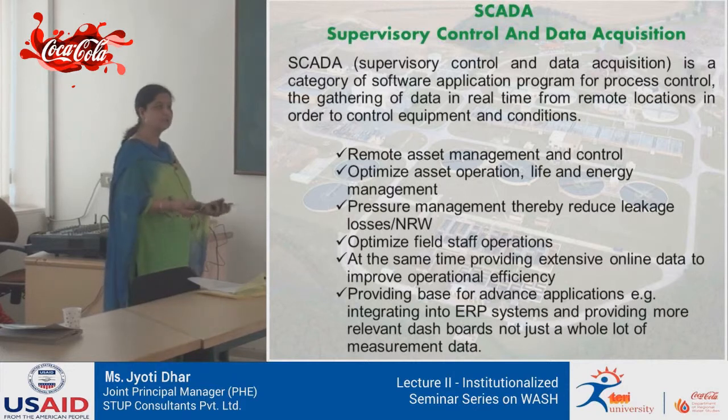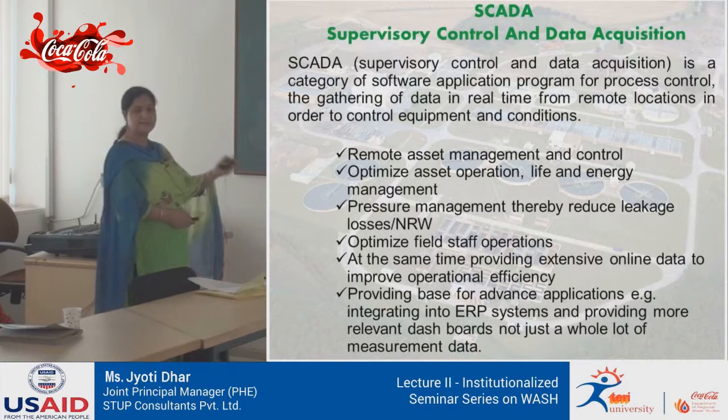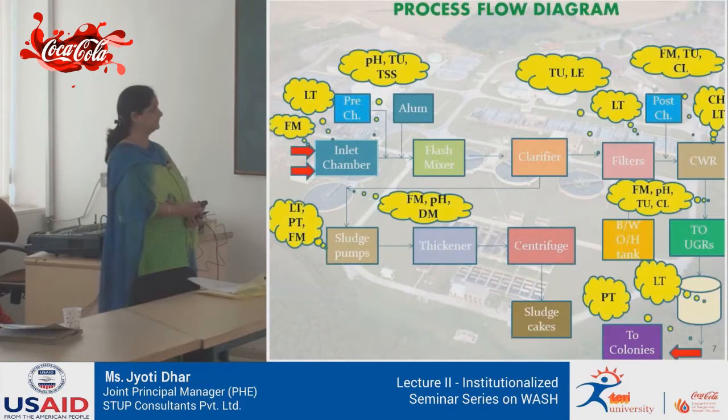You need only 1 or 2 supervisors and main operators in the control room, because those areas are being taken care of by the SCADA or the programmable logic controllers which you have already installed there. Because it gives data to your SCADA system. At the same time, it provides extensive online data to improve operational efficiency, and provides a base for advanced applications, that is your ERP system, SAP system, and the SCADA system can get integrated with your ERP system also.